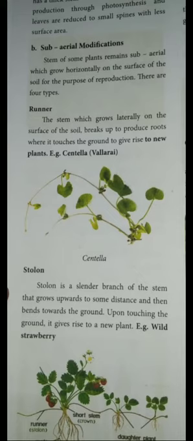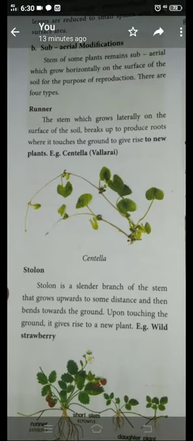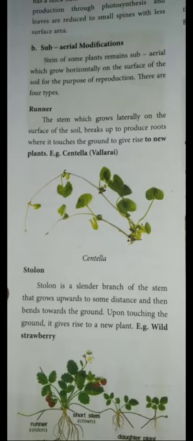Okay. The next one is the stolon. A stolon is a branch of the stem. It grows upward and to some distance. After some distance, when it touches the ground, it produces a new root and a new plant at that place.